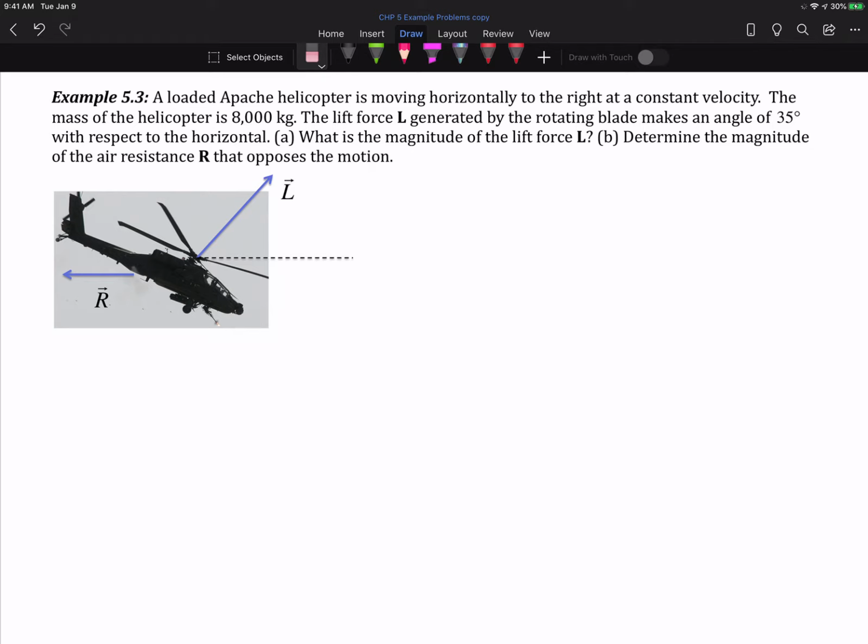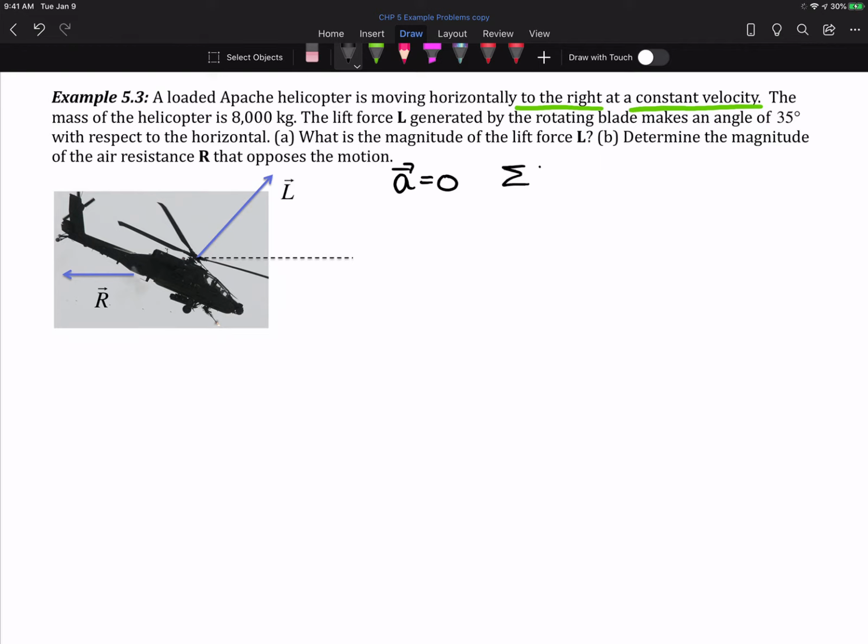So the first thing that we would see when we read through this problem is that the helicopter is moving with a constant velocity to the right. And the fact that it's moving with a constant velocity tells us that this system has zero acceleration. And according to Newton's laws of motion, that means that the system is essentially in equilibrium.